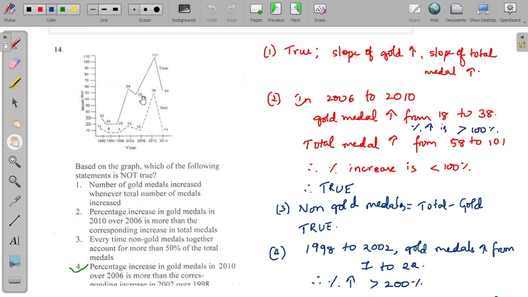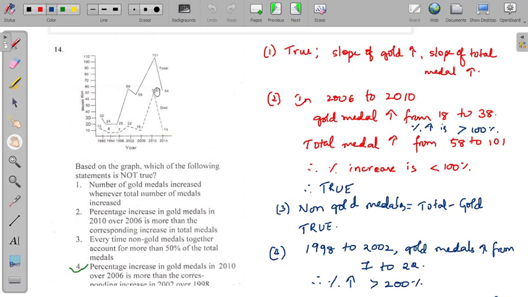You take any here: 58 minus 18 gives you 40. 50% of the total medals is around 29. Now the difference is 40, so definitely non-gold medals together account for more than 50% of the total medals.